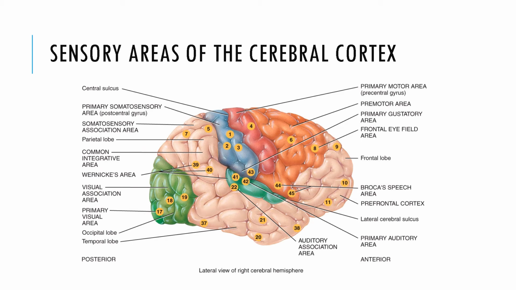Sensory impulses arrive mainly in the posterior half of both cerebral hemispheres, in regions right behind the central sulci. Our primary sensory areas are going to receive information that has been relayed from peripheral sensory receptors through lower regions of the brain.